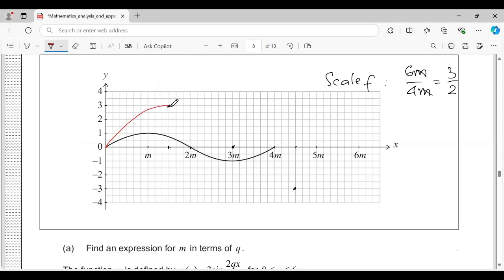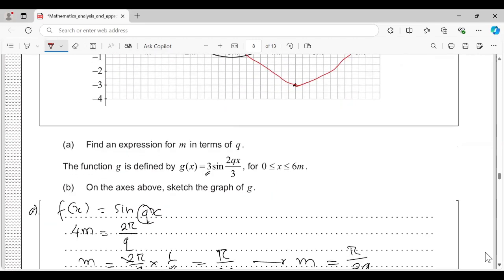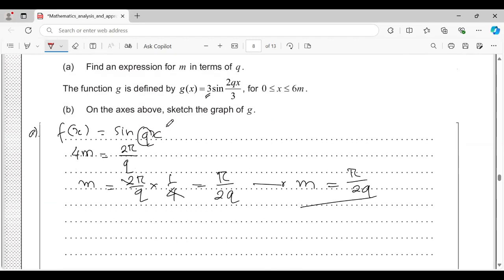You can sketch based on your version. This is my version. This is the graph based on the question of number 6b.